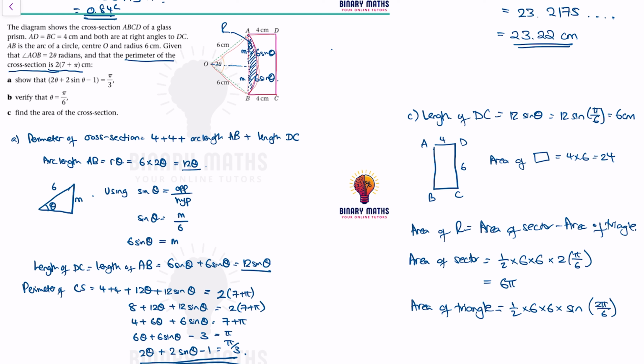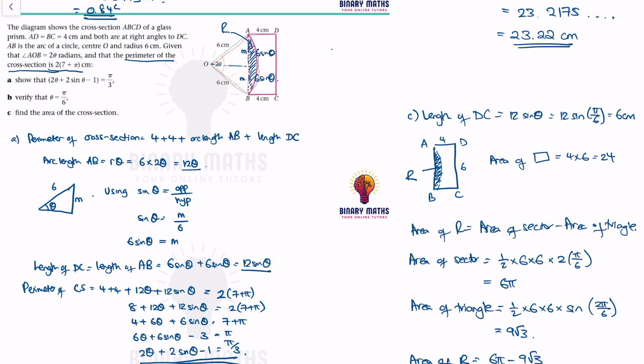If I put that into my calculator, I get 9 root 3. So area of R is equal to 6 pi, take away the area of the triangle, which is 9 root 3. So now, remember, I've got this part, I want to take this part off, which is R.